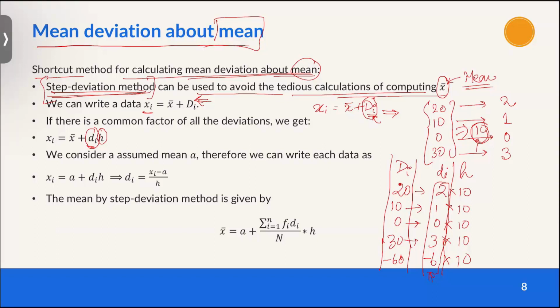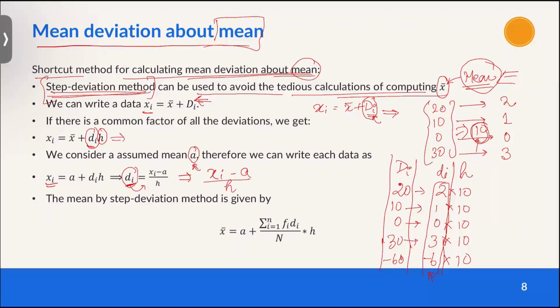Now you see, you can have these step deviations with this formula. What you do is you assume that you know the mean A. You have some data. You actually don't know the mean. You are trying to calculate the mean. So you assume that the mean of the data is A. And for each data point xi, you calculate the deviations. So you do xi minus A by h.